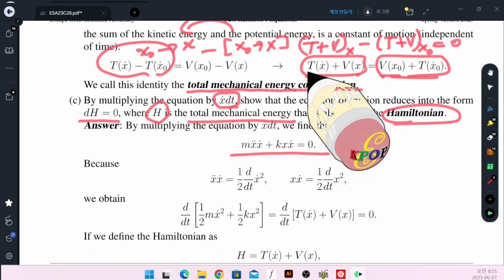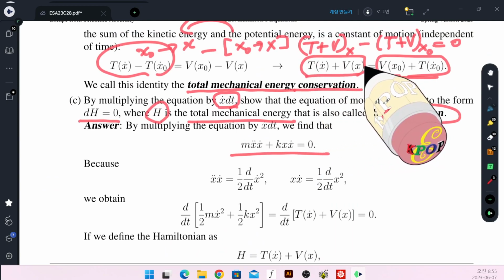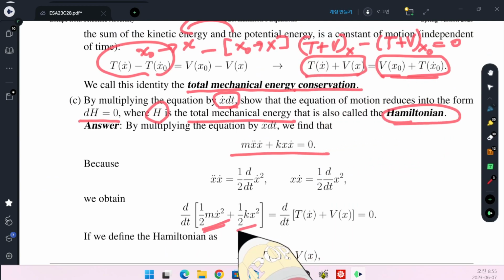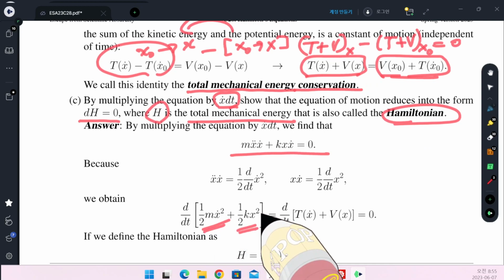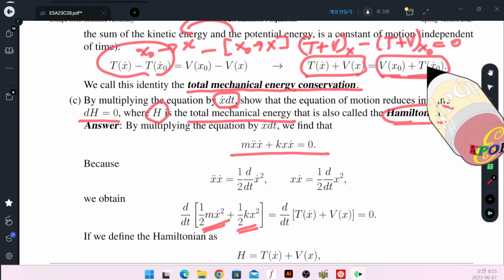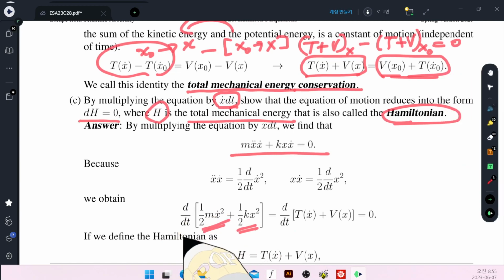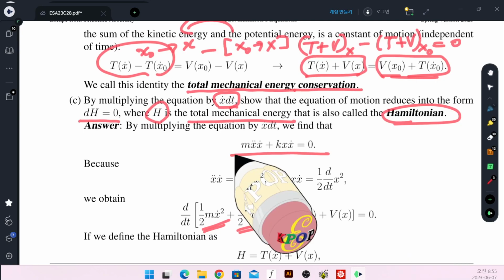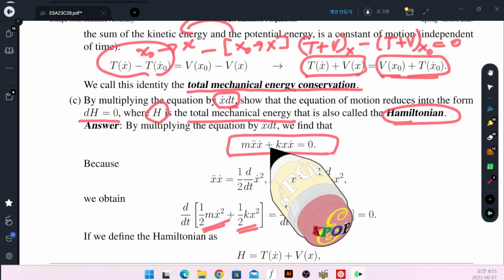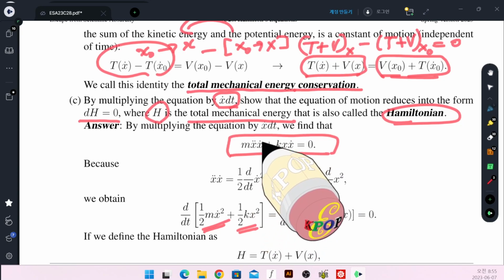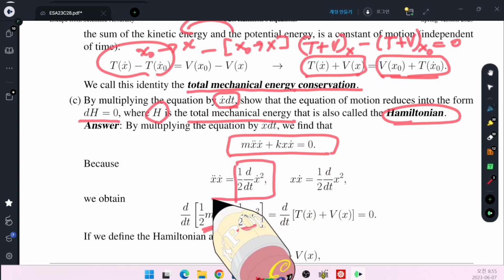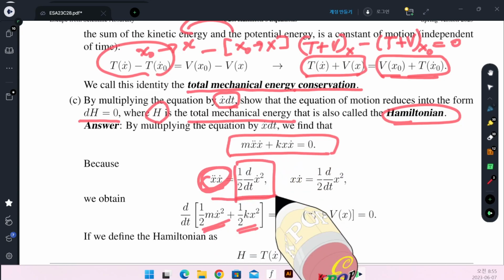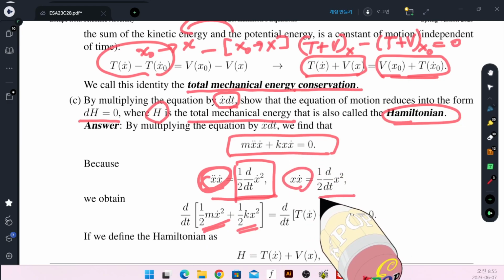We recall that the total mechanical energy is the sum of the kinetic energy and potential energy. The sum of the kinetic energy and potential energy is independent of time, so its derivative must be zero. But it can be shown directly from the equation of motion, because this one is this and this one is this.